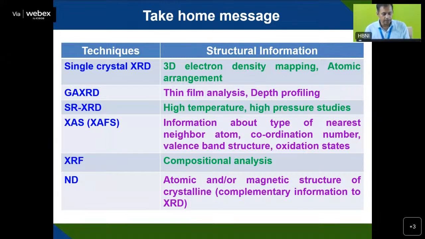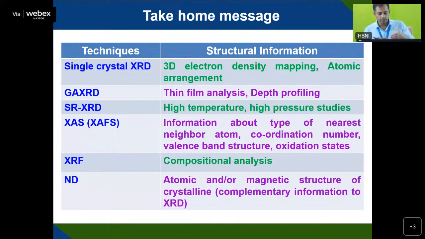But for grazing angle XRD, if you have a thin film sample, you can get that thin film information from grazing angle XRD by doing depth profiling. You can see if a structure A, B is there, and A and B are at the interface, overlapping each other, diffusing into each layer, and you are able to identify the intermetallic structure by depth profiling, or in a solar cell, by varying the angle of incidence from 1 to 10 degrees, a very low angle like 1.5.